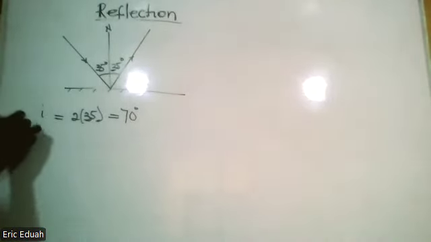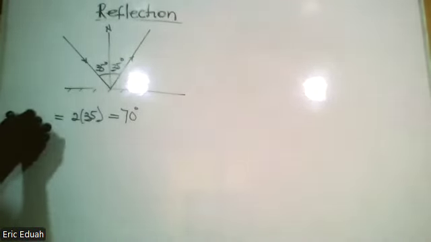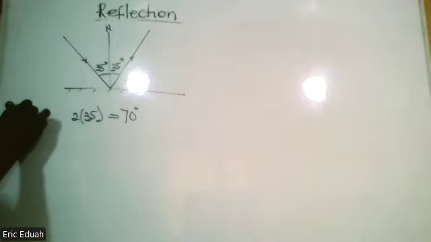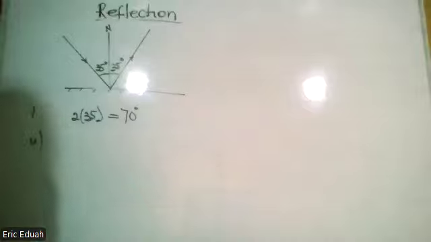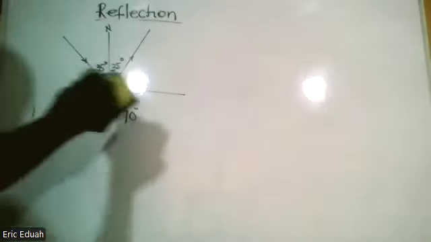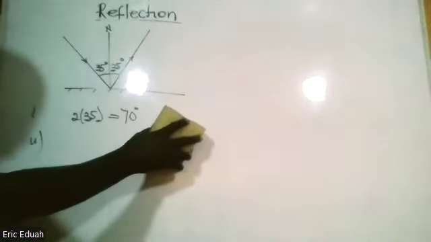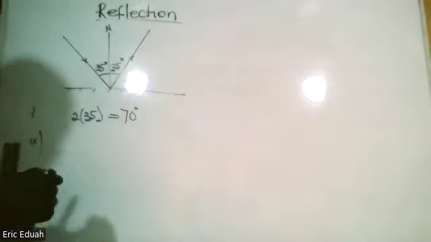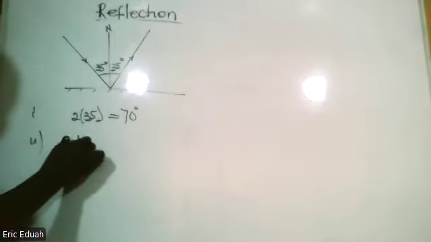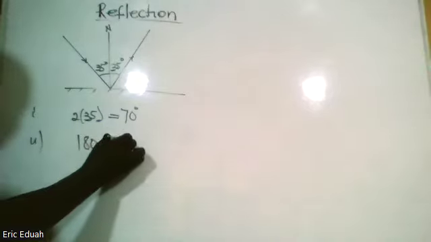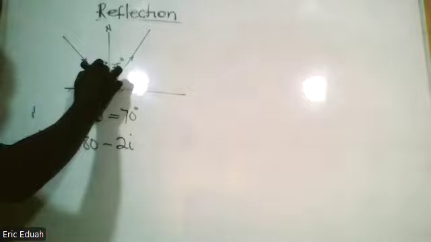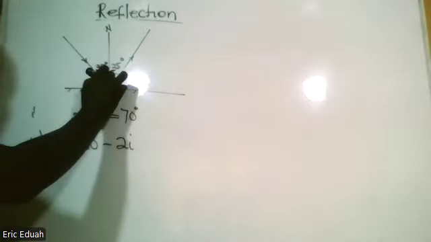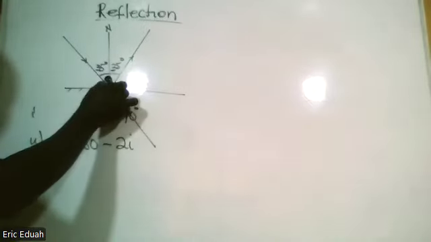Then the angle of deviation. The angle of deviation, as I just explained, is equal to 180 minus 2i. Here this ray ideally must go straight, but its path is deviated to this.